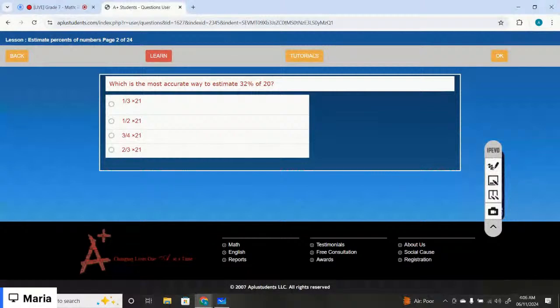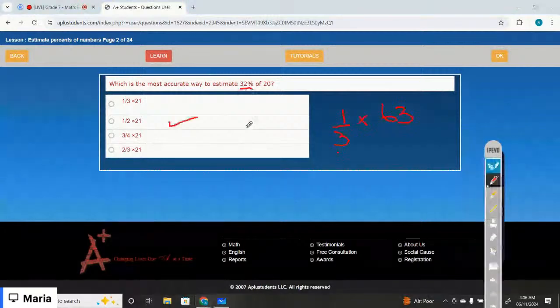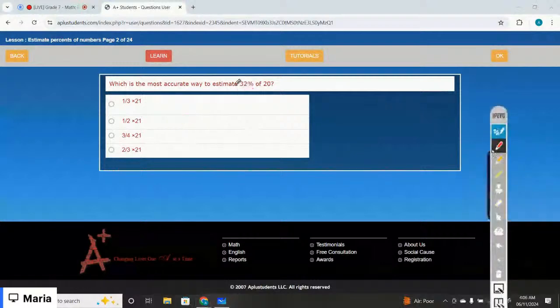You have to do 32%. The nearest fraction to 32% is 1 over 3. And then the nearest number that can be easily divided by 3 is 21.